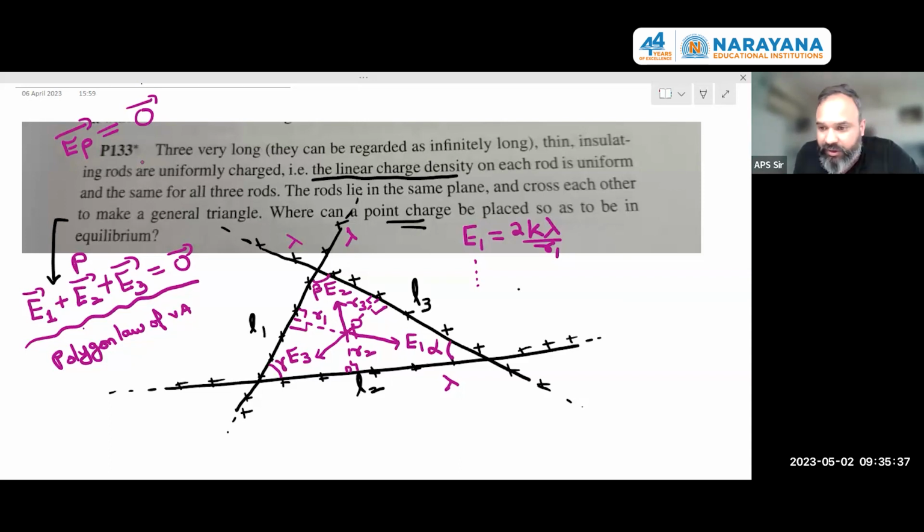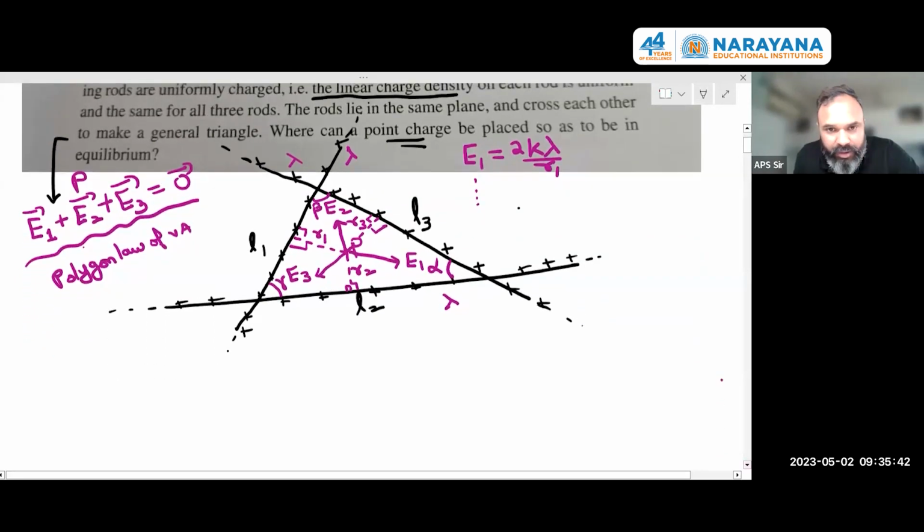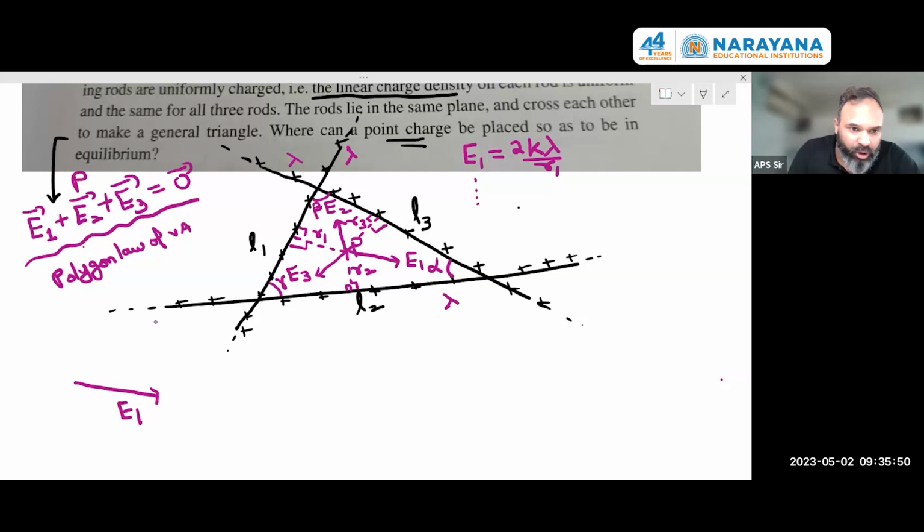If E1 plus E2 plus E3 is 0, not only will they make a triangle, if I draw the triangle randomly, and say this is E1, then randomly you got some E2, and then from the tip you have drawn an E3, this triangle will be formed.